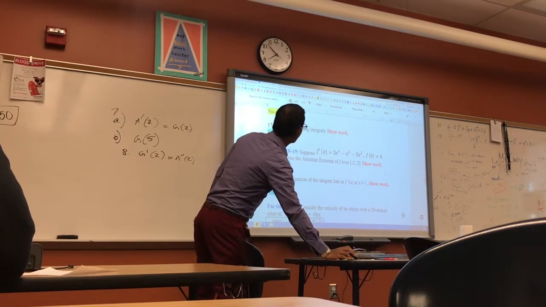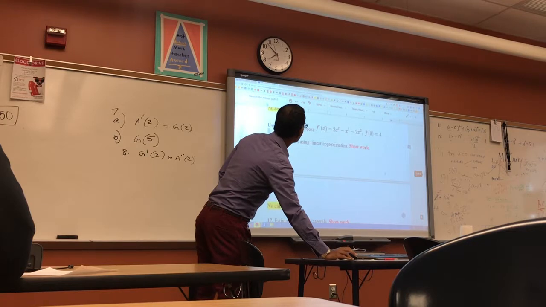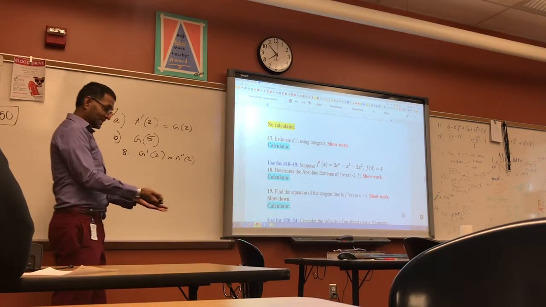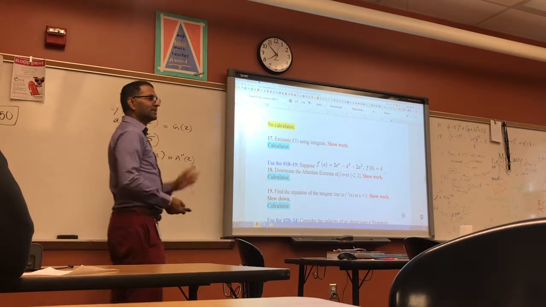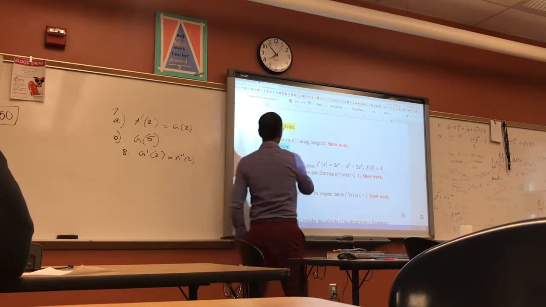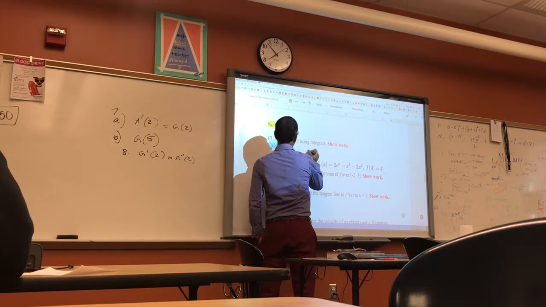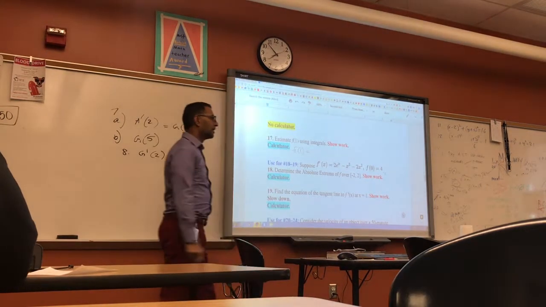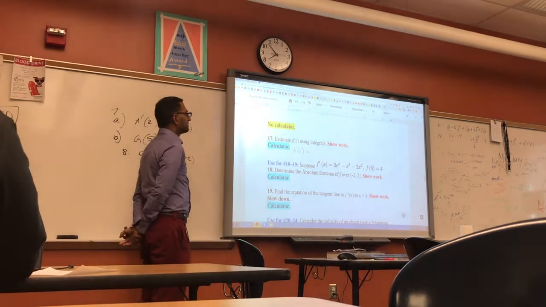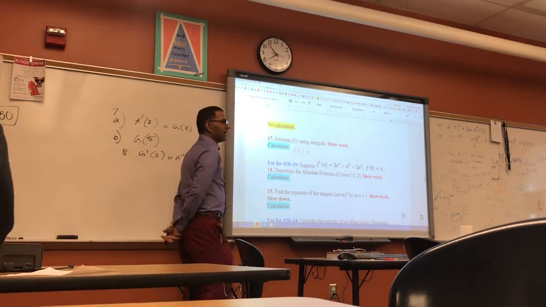It says estimate f of 1. Same problem. Estimate f of 1 using integrals. So use the information given. Write something down. I'll pick on one of you. But now you should use integrals. The earlier one said use derivatives. Mr. Wong, what concept of integral allows you to find f of 1? I'm giving you a hint.